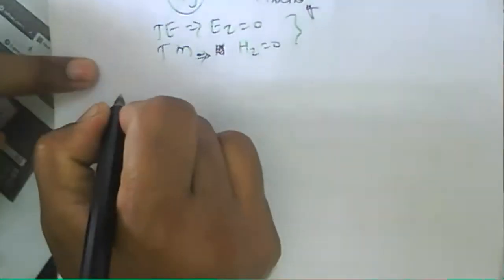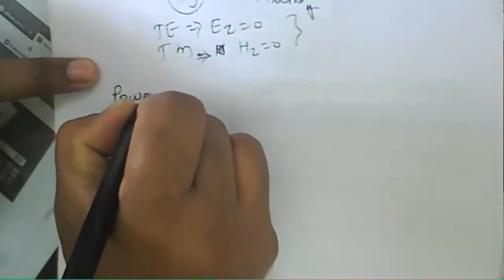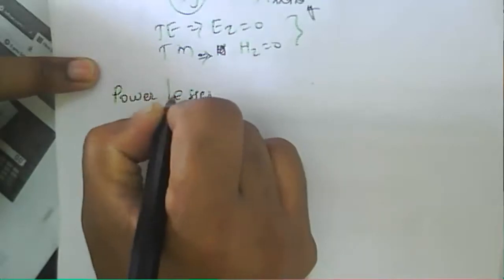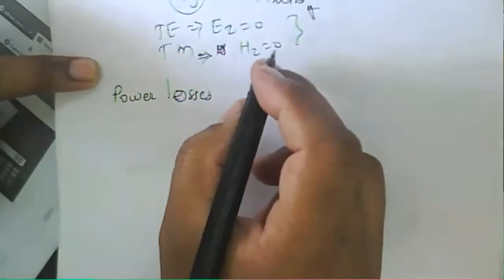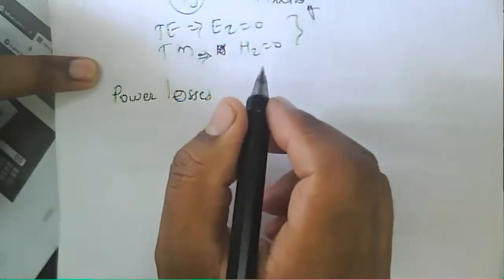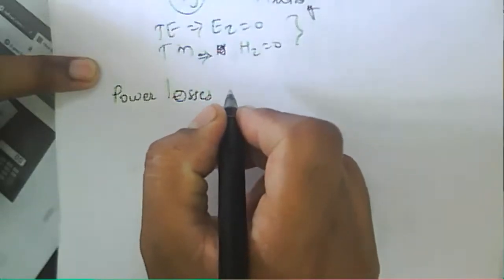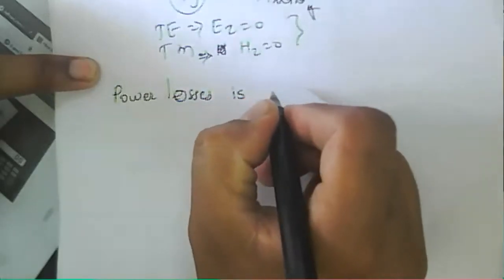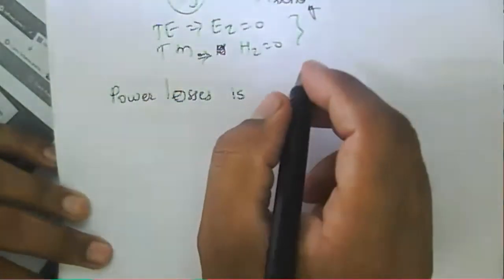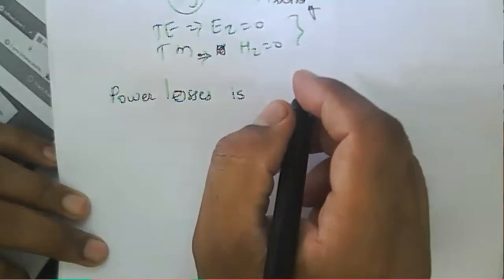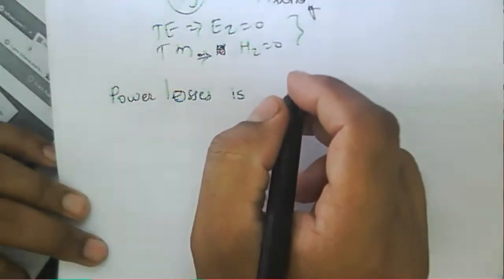Next, we consider the power losses. We have considered power transmission for the ideal case. In the ideal case, we say that we have a guide which is long and highly conducting, so there won't be any losses or dielectric losses.